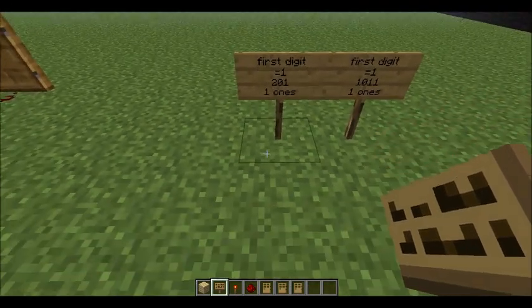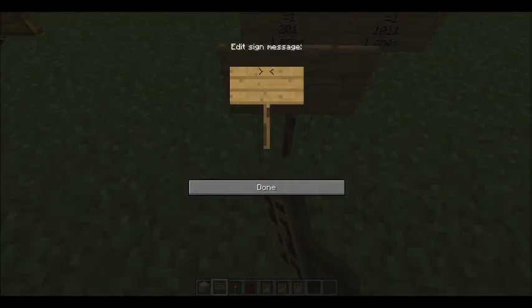In decimal, to get the next one, you times by 10. So if you have 210, you have tens. There is 1 ten.